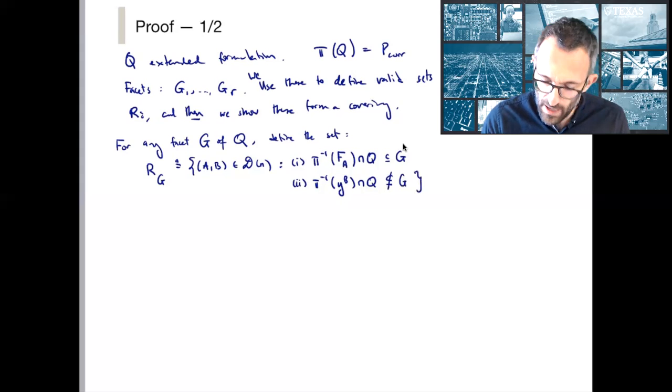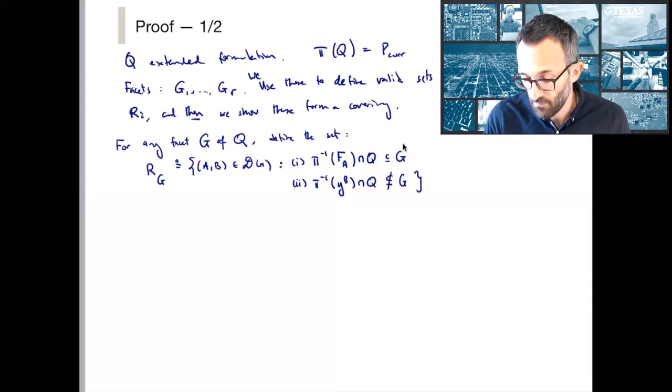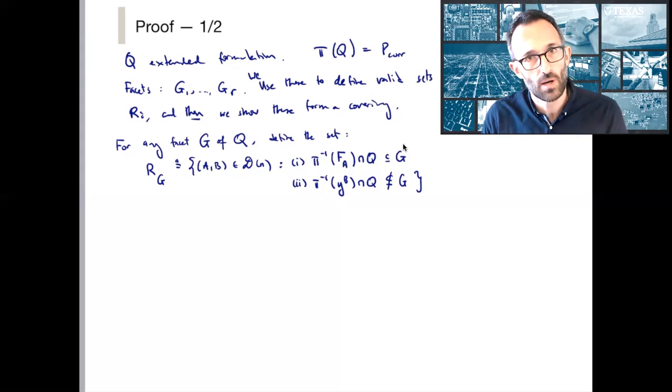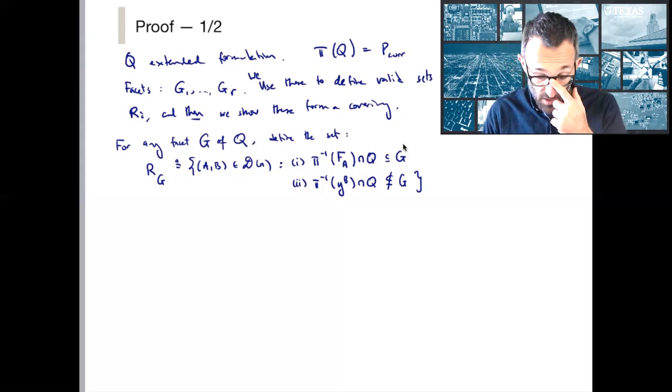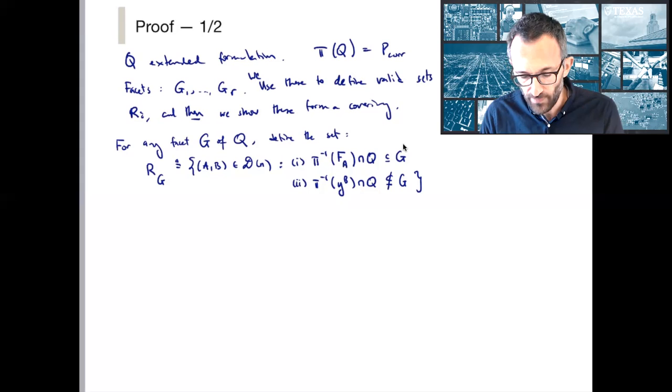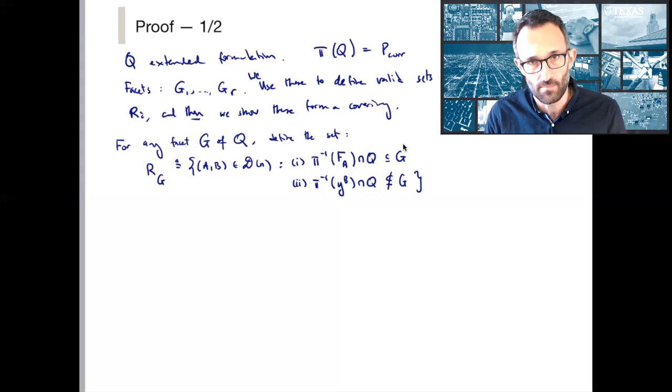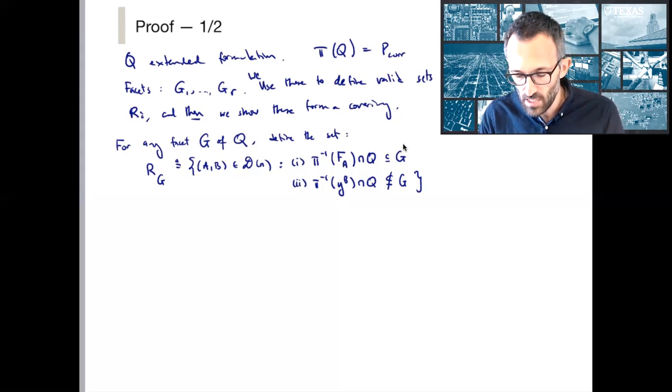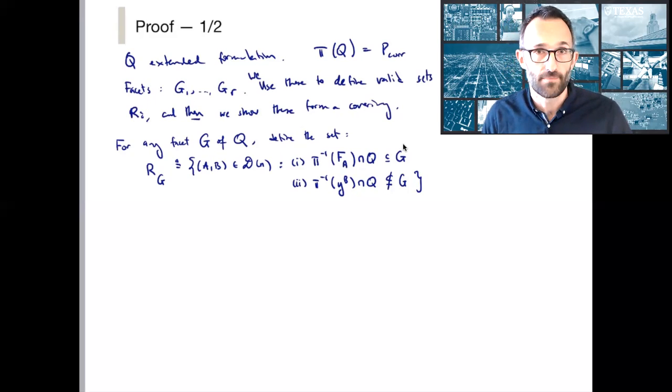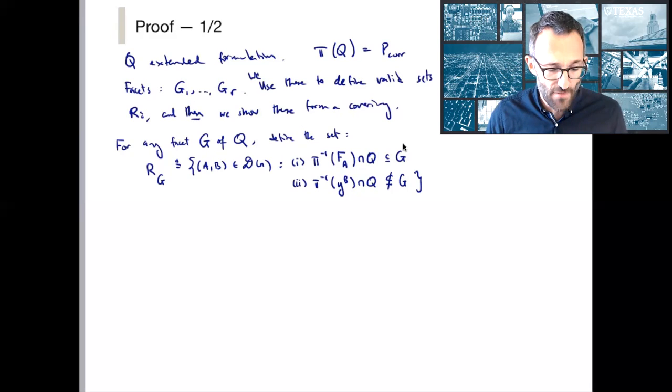Remember that both F_A is a face and Y_B is a face, a vertex is also a face. And so under the affine transformation pi, the inverse images in Q will also be faces. So what we're saying now is that R_G is the set of pairs A and B so that the inverse image of the vertex, that face in Q, is not fully contained in the inverse image of the face F_A.